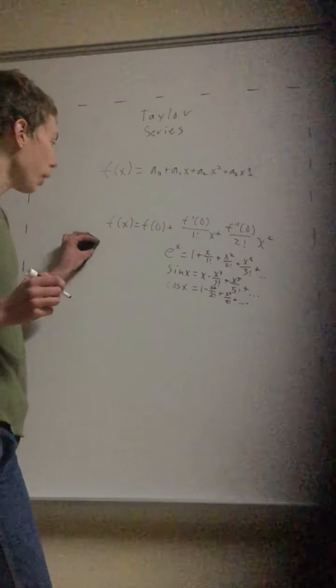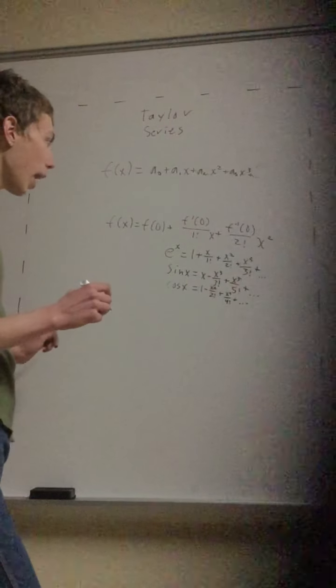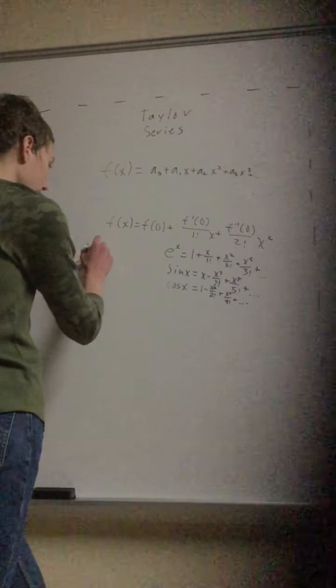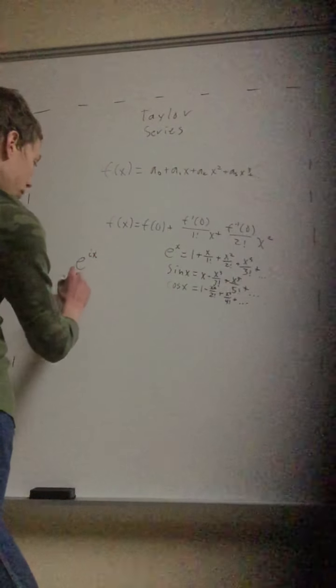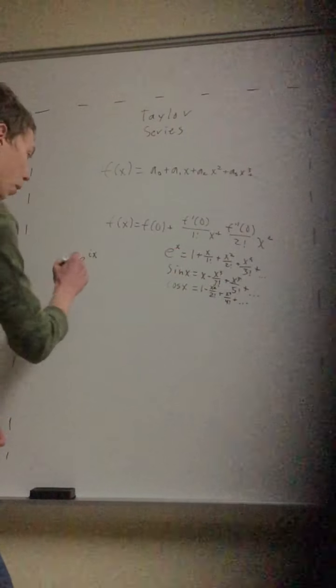It turns out we can take e to the power of even stranger things. We can take e to the power of i, and that's what we're going to do. e to the power of ix. So we just plug ix in.